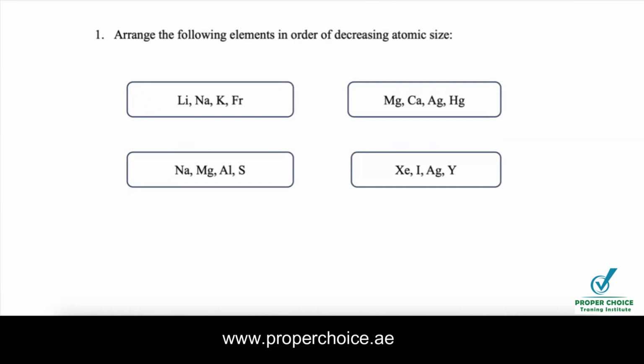In today's session, we're going to discuss sample questions on periodic trends, which is also called periodicity. This is mainly about studying the elements, why each has been kept in a particular period and a particular group on the periodic table. So you need to study the properties of all the elements.